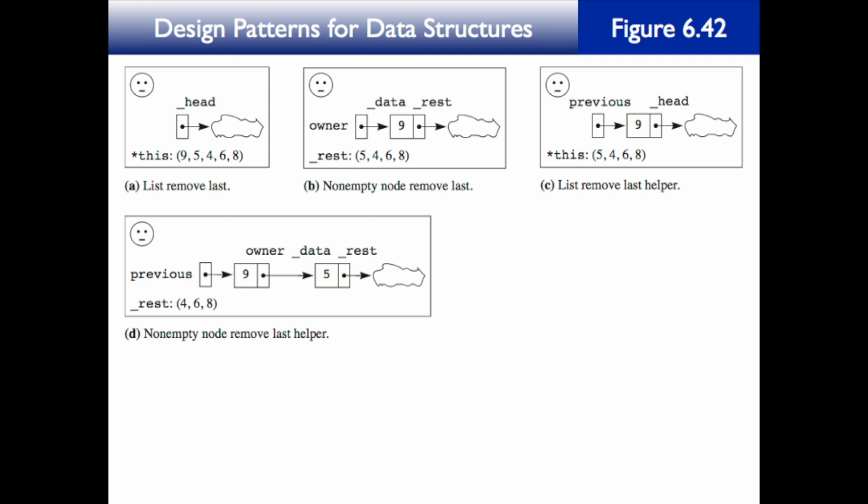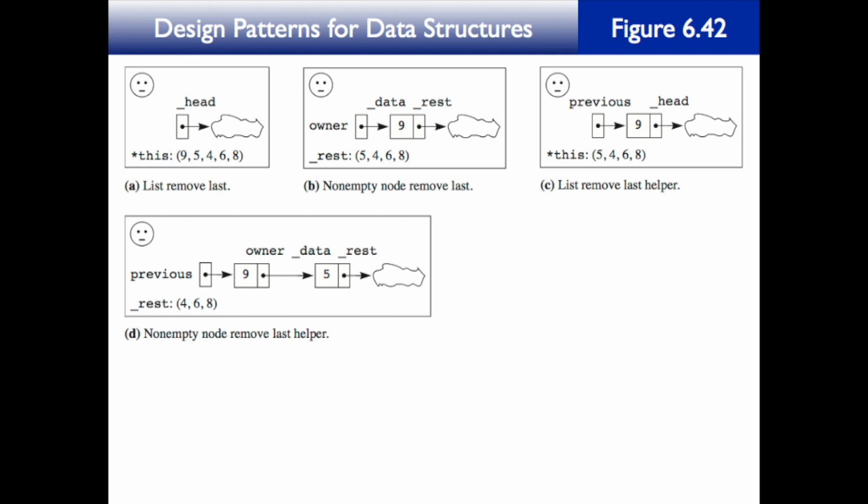So what are the attributes of a non-empty node? Underscore data and underscore rest. Okay, so in this environment, our underscore data is 5, and our underscore rest points to the rest of the list, which in this case is going to be 468. And who is owner? Owner points to us, points to this node, and previous points to owner. So that's the difference between previous and owner.